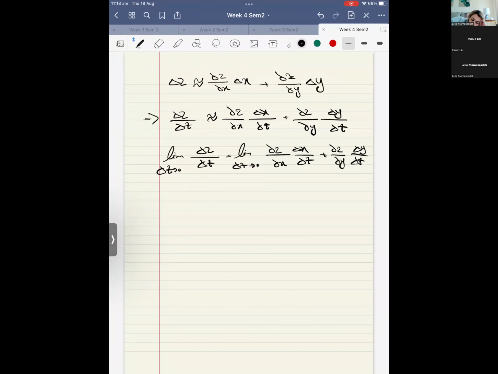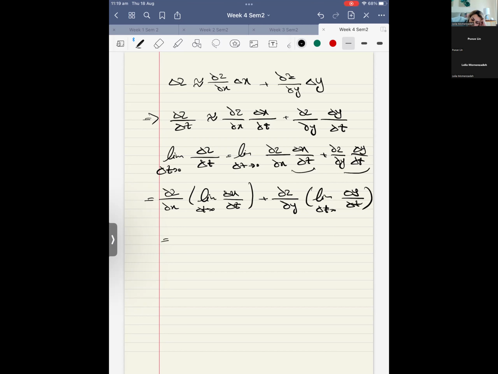It means the limit for each part would be equal to ∂z/∂x times the limit of delta x over delta t as delta t goes to 0, plus ∂z/∂y times the limit of delta y over delta t.